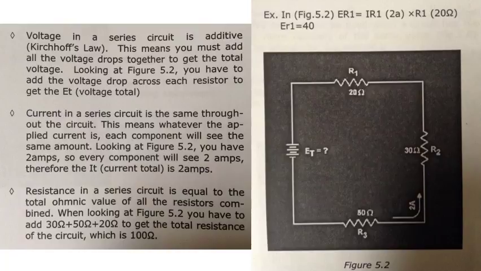So looking at figure 5.2, if ET equals IT, which is 2, times RT, which is 100, then ET equals 200. IT equals 2, then PT equals 400 watts.